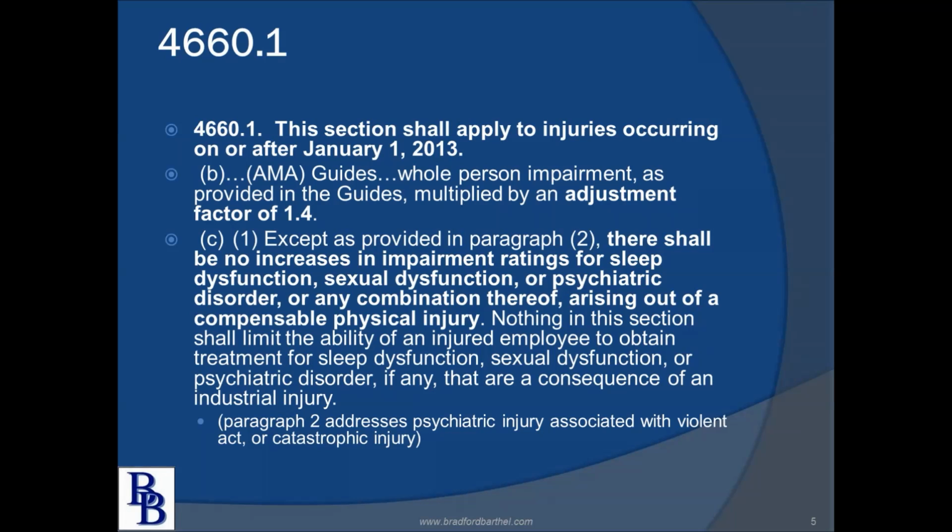Number one, the adjustment factor of 1.4. For injuries prior to 1/1/2013, we use the FECs 1 through 8 from the Permanent Disability Rating Schedule. For any injury on or after 1/1/2013, we use an adjustment factor of 1.4. I'll talk a little bit more about that in a little bit.